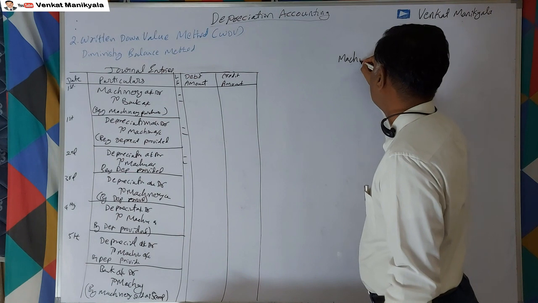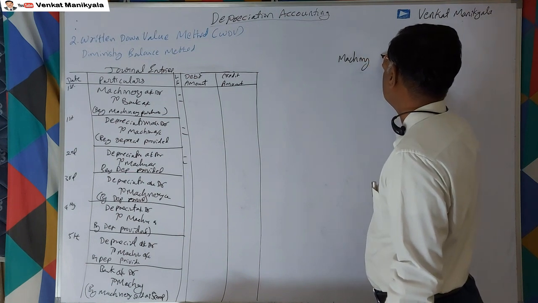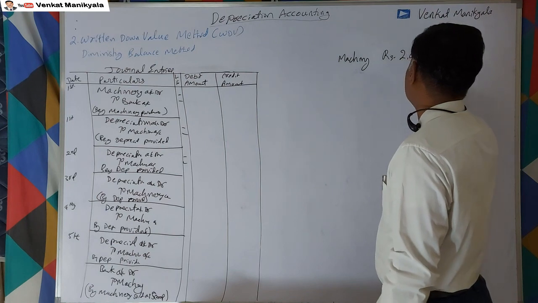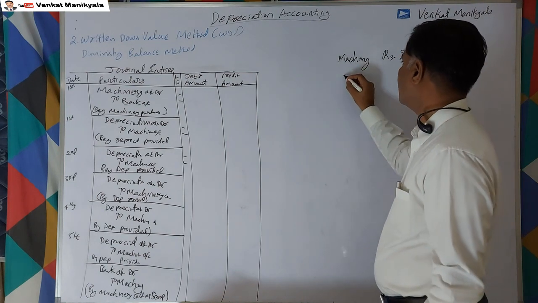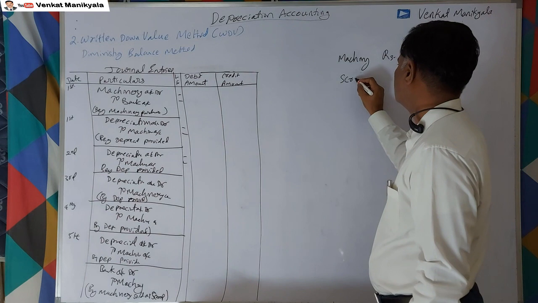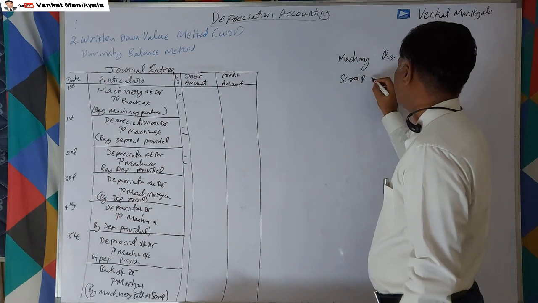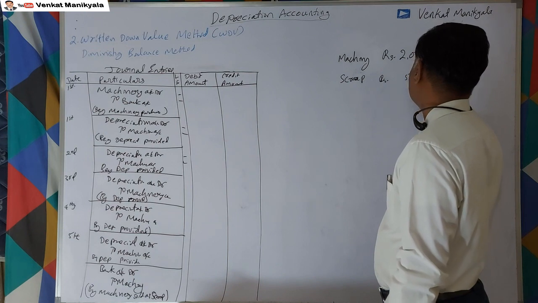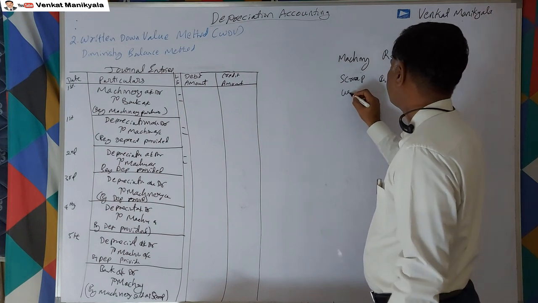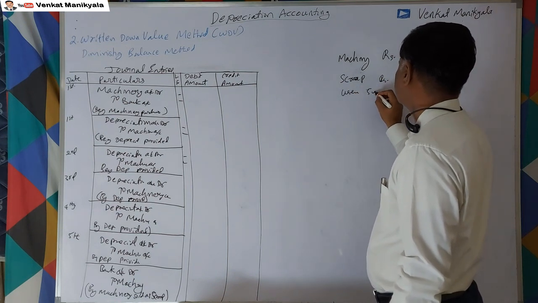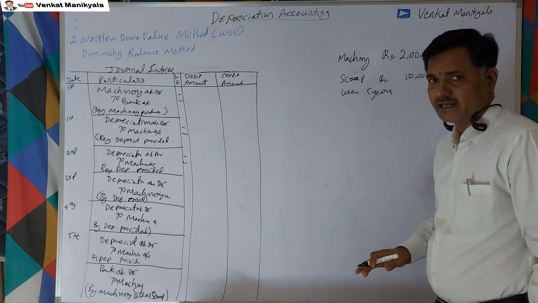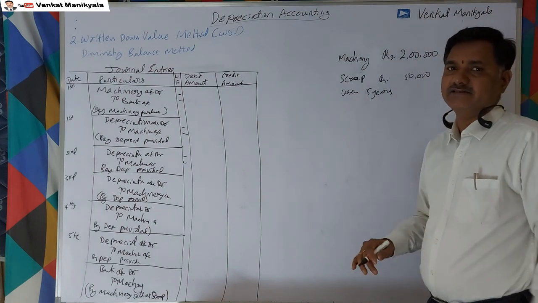Machinery value is 2 lakhs, and scrap value estimated is 50,000, right? Useful life is 5 years. This is what is given in the previous problem. We take the same problem and do it in the second method, right?